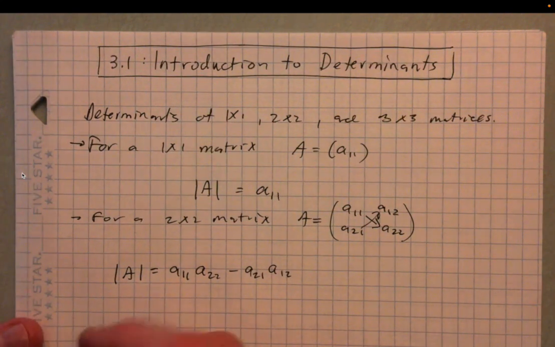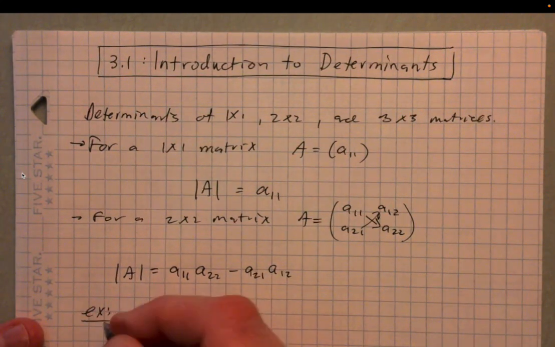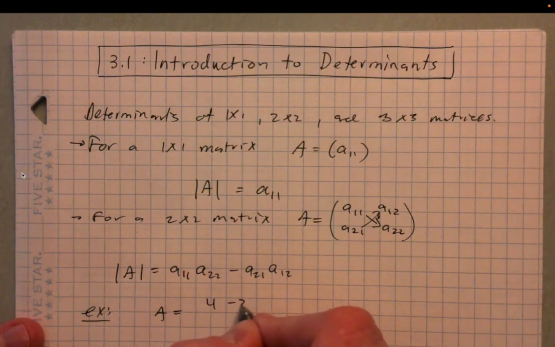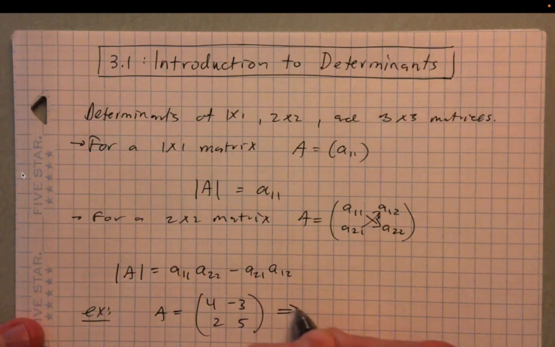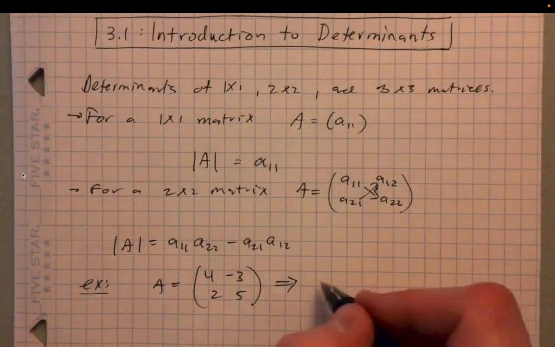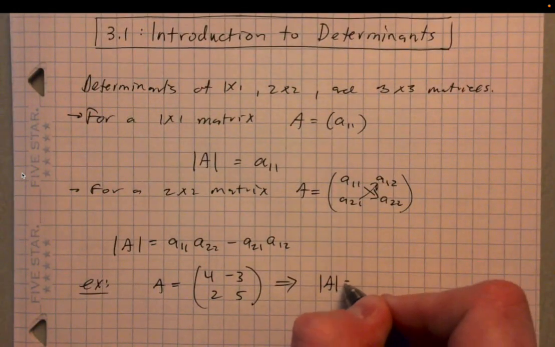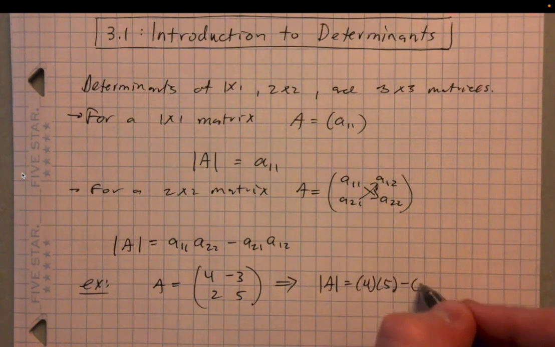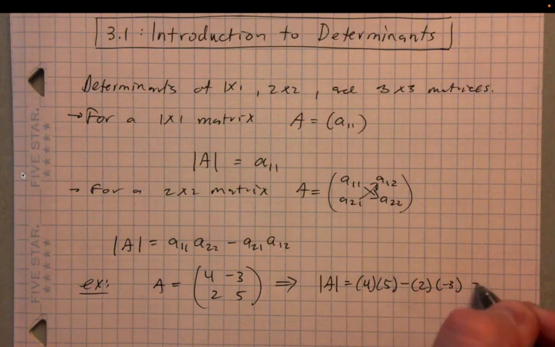Okay, so an example here would be, let's just say A is equal to 4, -3, 2, 5. If that's your matrix, then the determinant of A is going to be 4 times 5 minus 2 times -3.